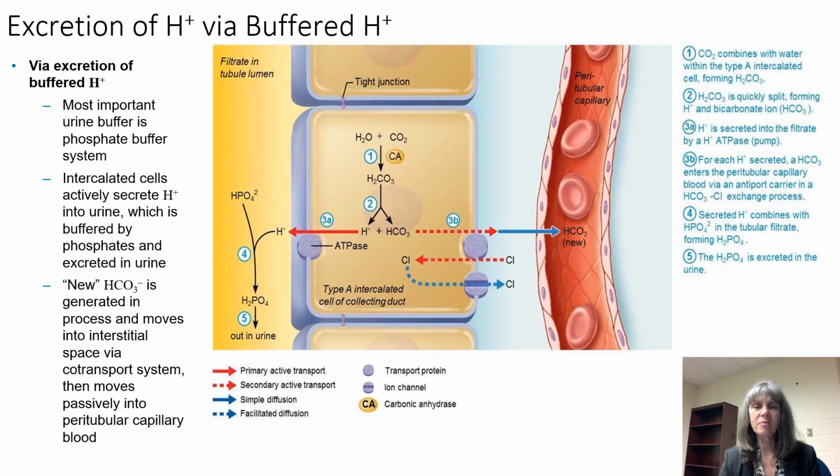At the same time, it will pump in a chloride ion, and then the chloride ion will actually leak back out into the interstitial fluid. So we're generating new bicarbonate in this entire process, where initially water and carbon dioxide interacted to form carbonic acid, and we got the bicarbonate from that carbonic acid.